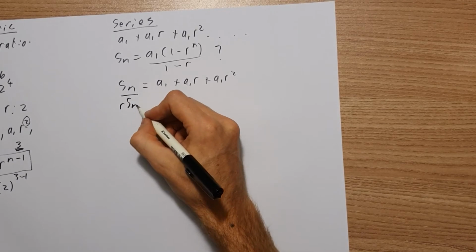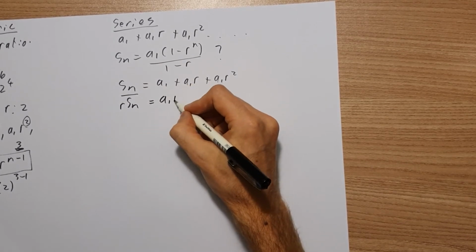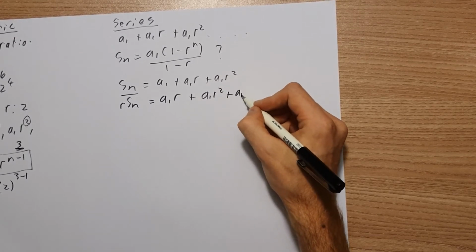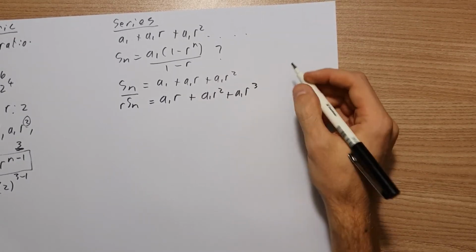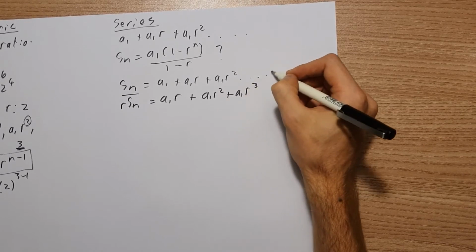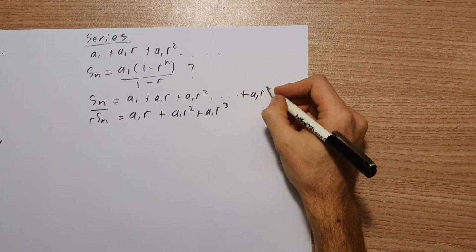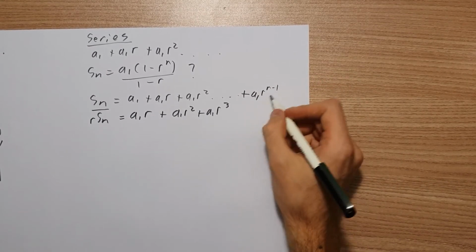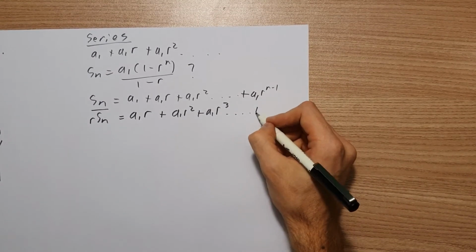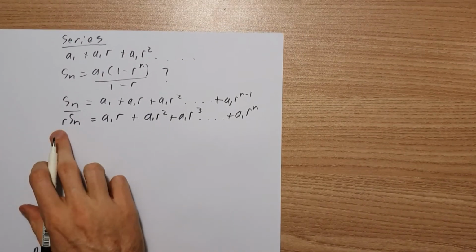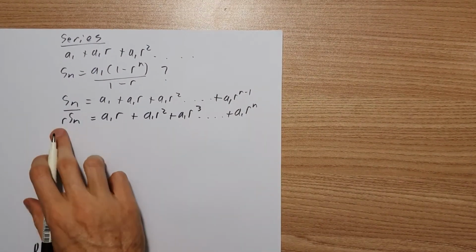So r times Sn is now going to be a1r plus a1r squared plus a1r cubed. This one is going to go all the way up to a1 r to the n minus 1, whereas now I've added 1, so this is going to go all the way up to a1r to the n, because I've multiplied everything out by a common ratio r.